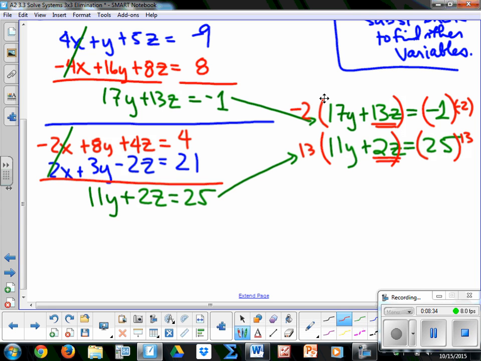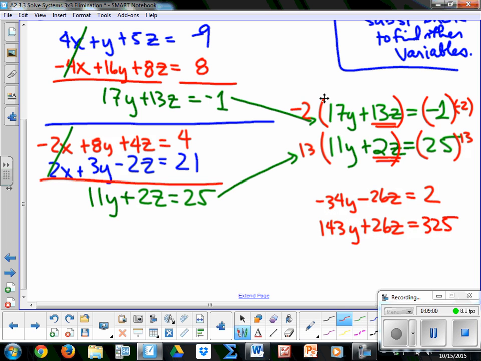Okay, so here we go. -34y minus 26z equals 2. And on the bottom one, 143y plus 26z equals whatever 13 times 25 is, which is 325.